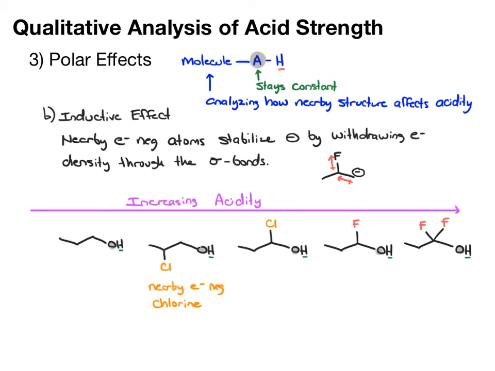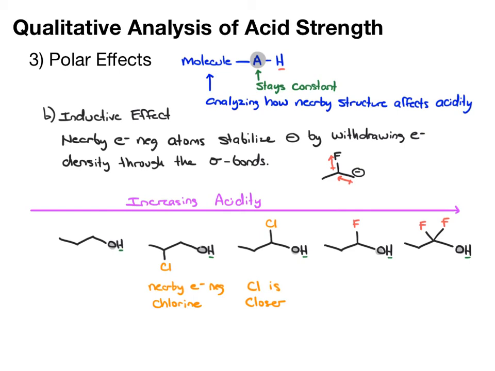Then the next one on the list is even more acidic because the chlorine is closer to the acidic proton. On this one, it's 2 carbons away. On this one, it's only 1 carbon away from the OH. On the next one, we switch from chlorine to the more electronegative fluorine.